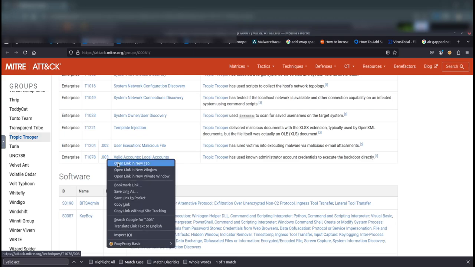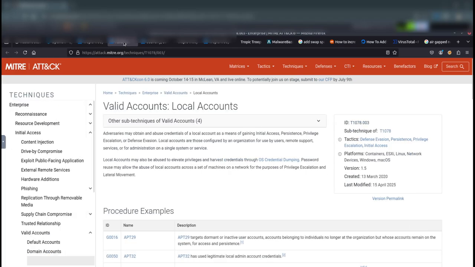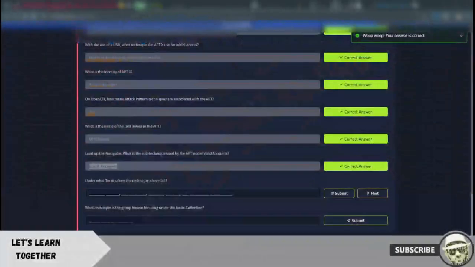We have this one, sub-technique, local account. So let me see the next one. Under which tactic, which technique about false. This one, local accounts.